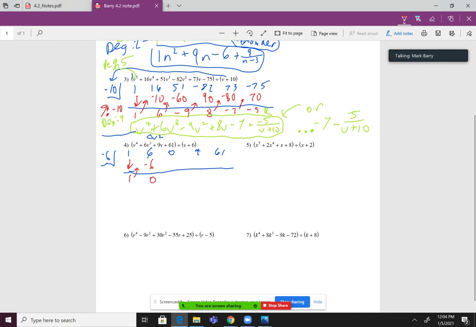Add down. Multiply by -6 going up. Well, 0 times anything is 0, right? Add down. Multiply by -6 going up. Again, 0 times anything is 0. Add down. Multiply by -6 going up and add down.